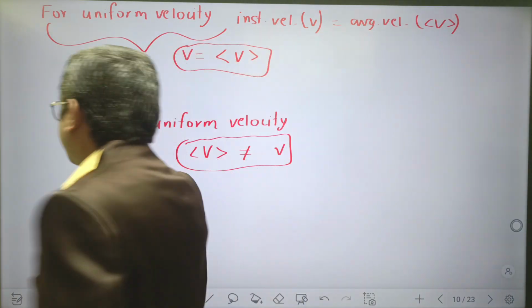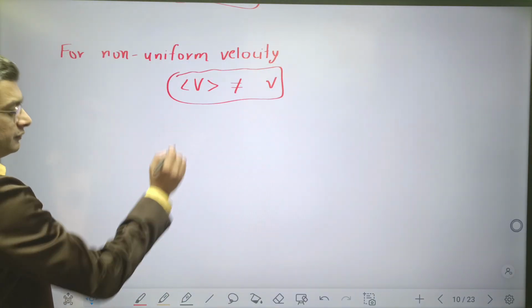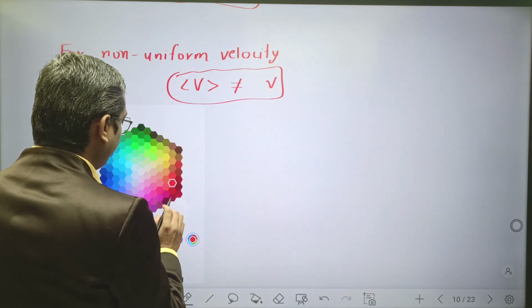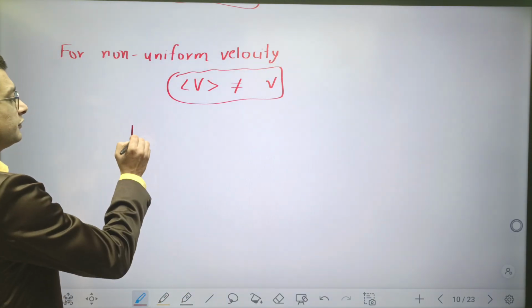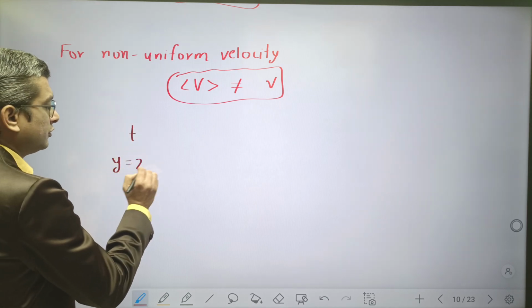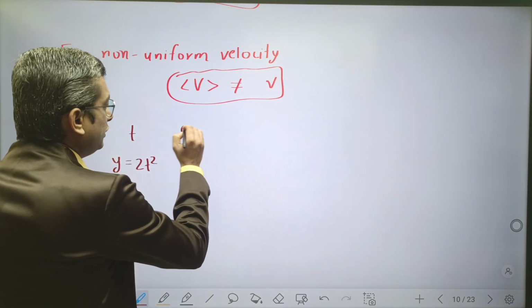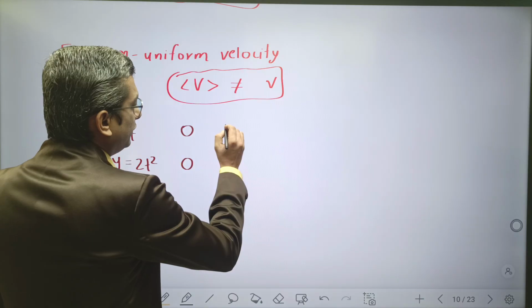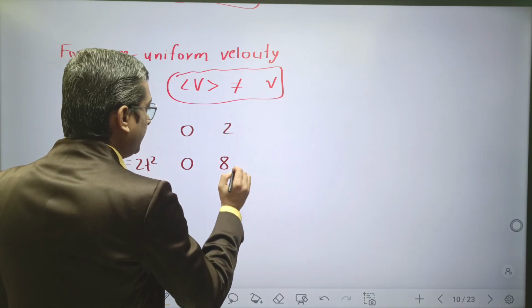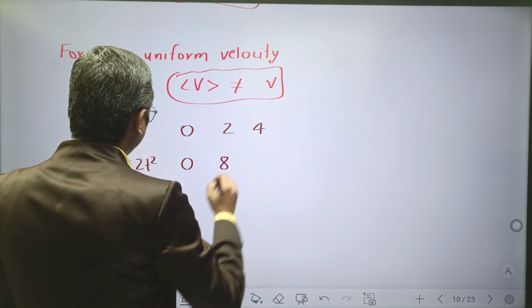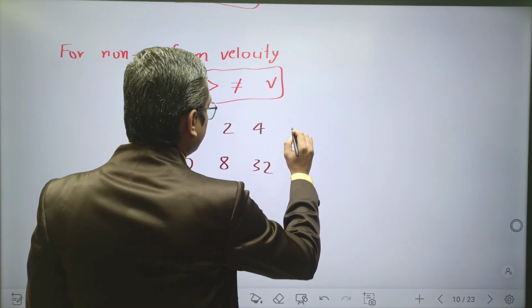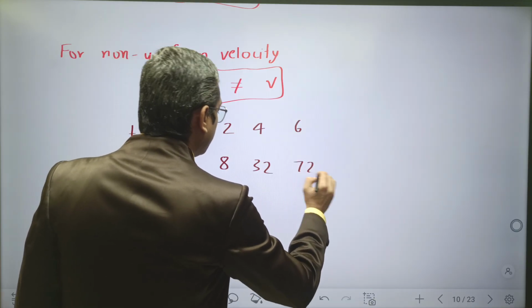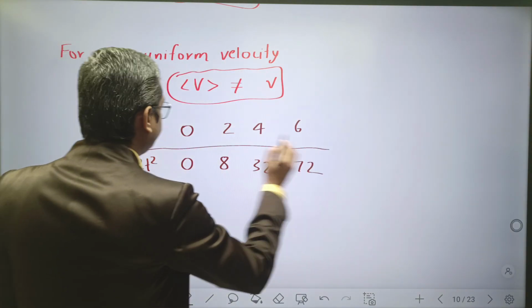Let us have some example. Suppose the earlier example we have taken, here it is t and here it is y equal to 2t square. So t is 0, y is 0; t is 2, y is 8; t is 4, y is 32; t is 6, y is 72.